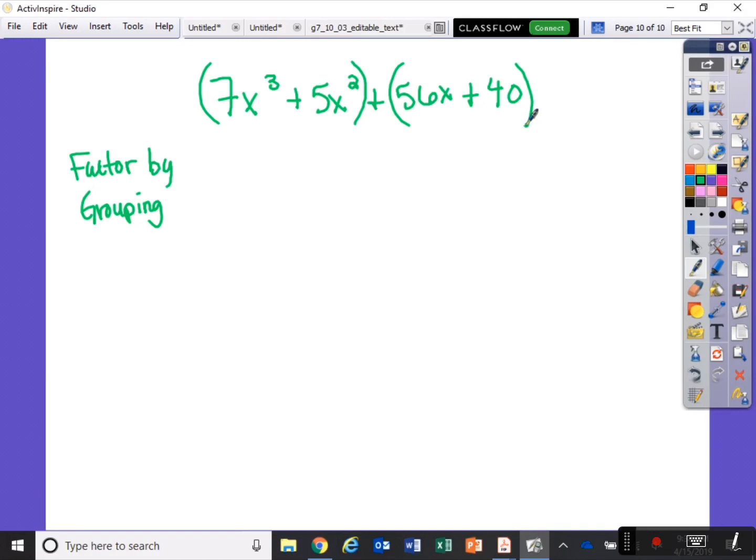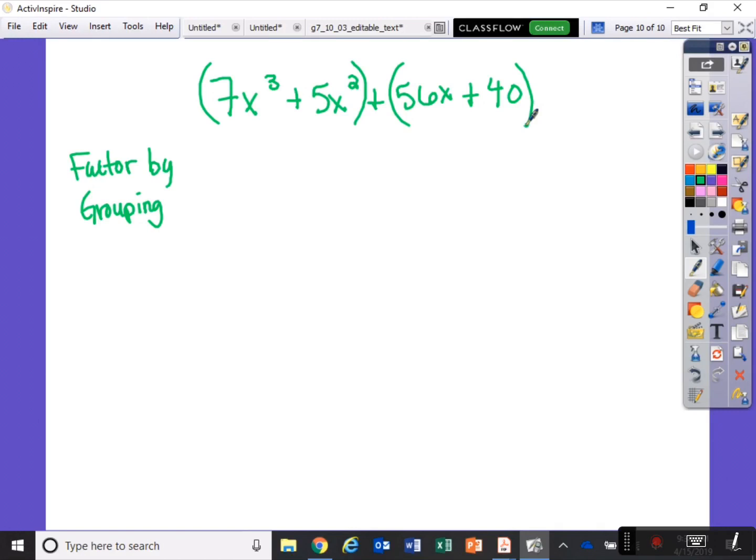Now, sometimes our GCF can be more than just a number. Sometimes they can have variables in common as well. And this is one of those situations. We're just going to look at each parenthesis separately. So let's look at the first parentheses first. We're going to look at our numbers, 7 and 5.